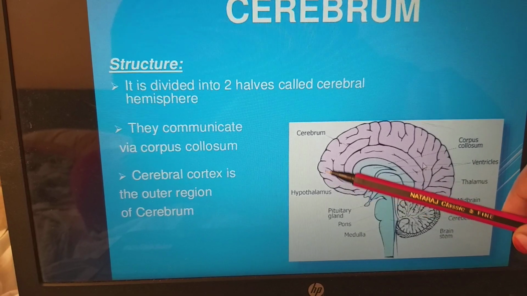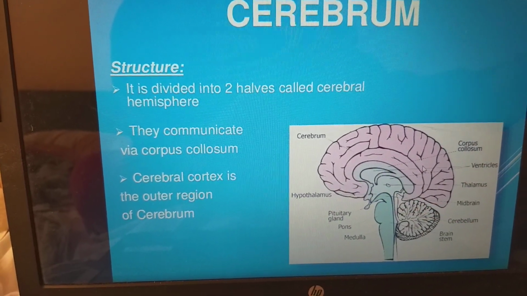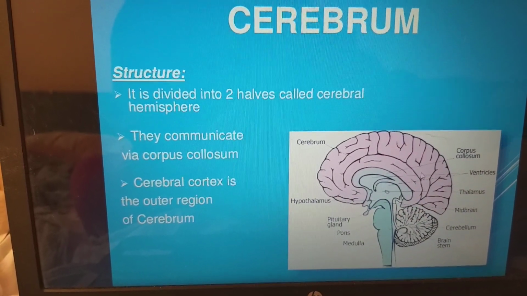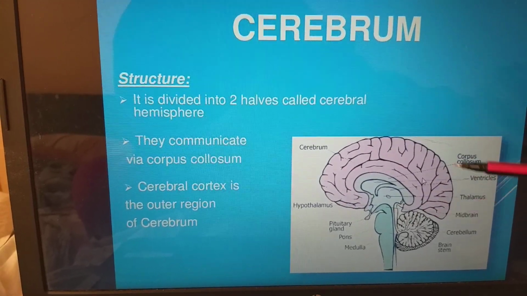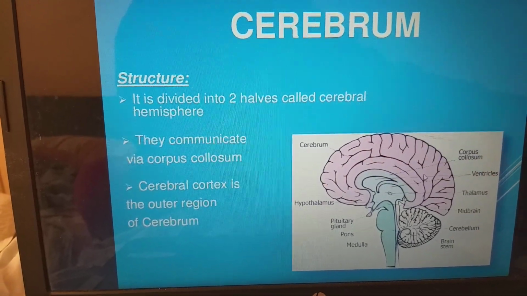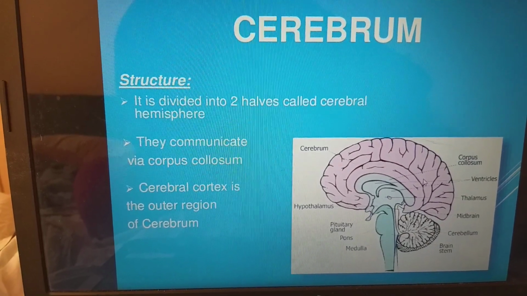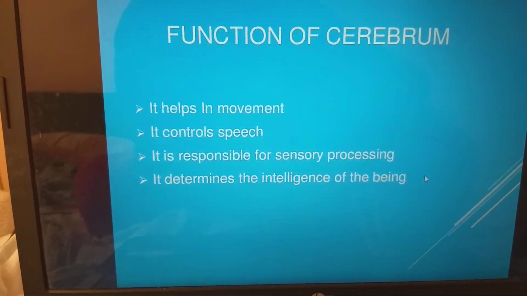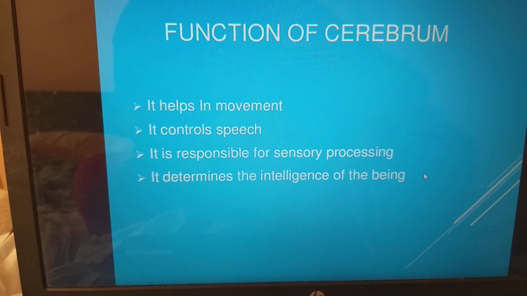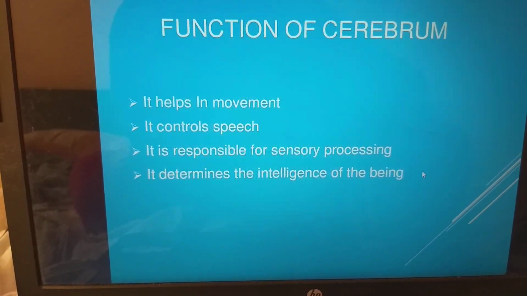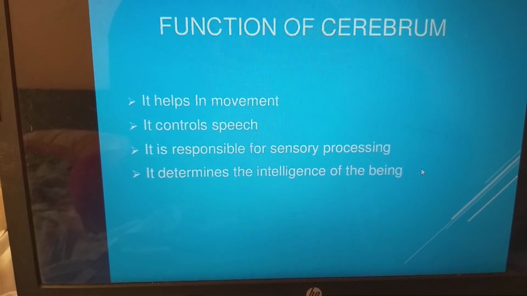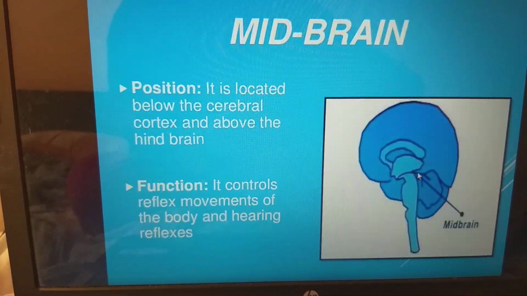Medulla will always be the inner part, cortex is the outer part. So this very outer lining of the brain we call the cortex. Coming to the functions of the cerebrum, it helps in movement, it controls speech, it is responsible for sensory processing, it determines the intelligence of the human being.